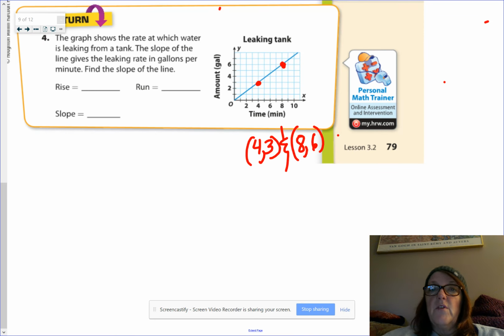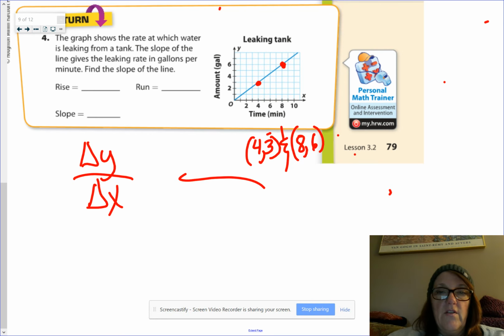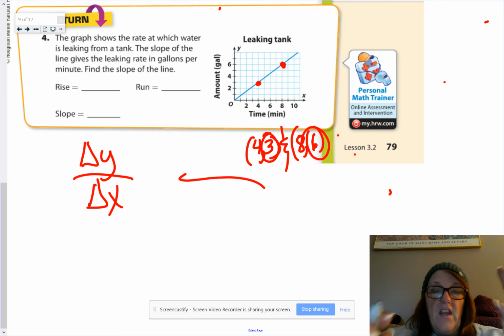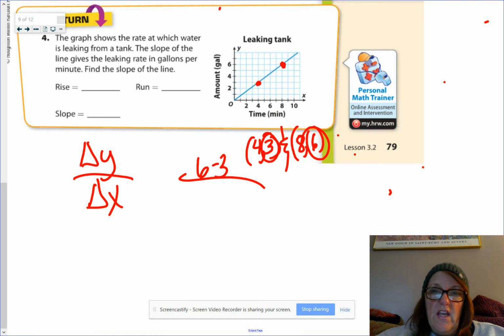Okay, so now I need you to think that slope is always the change in y over the change in x. So get your two y coordinates, 3 and 6. You decide right now, since I have to find the difference, do you want to go 3 minus 6 or 6 minus 3? I don't care. I don't like negatives traditionally, so I'm going to pick 6 over 3. That means you started with this one, subtracted that one.